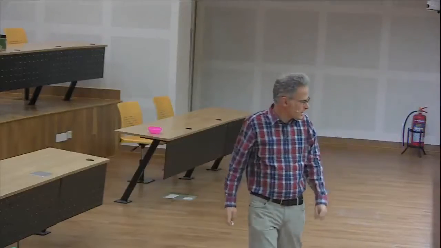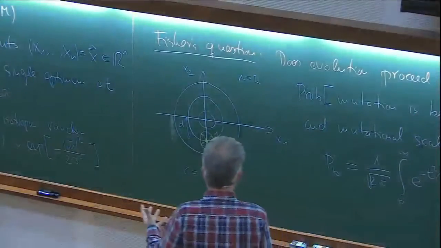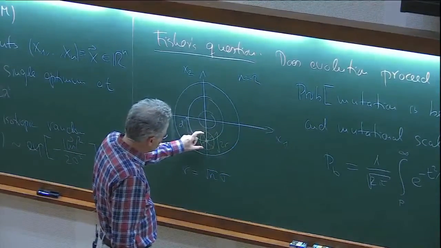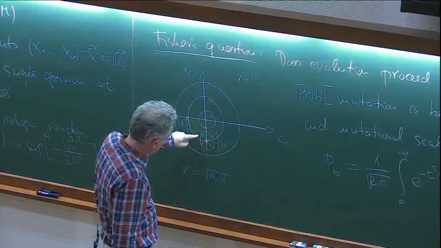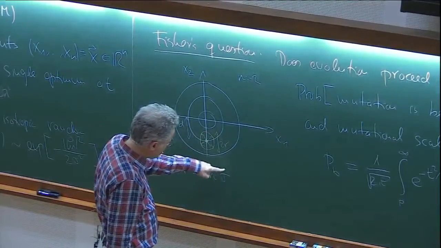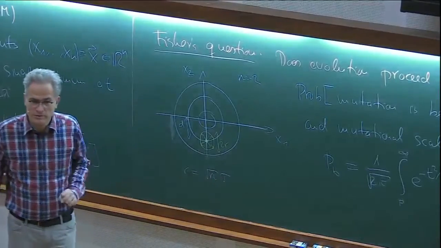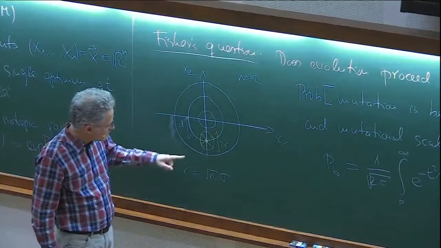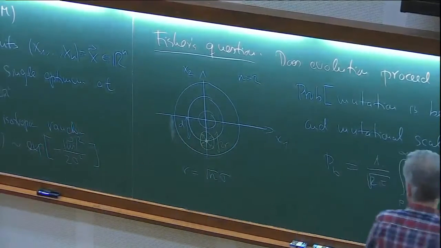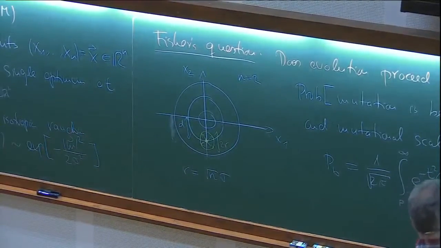It's a matter of taste whether you want to consider the size of the overall mutational displacement as your basic variable, or the size of the displacement in one component. They differ by a factor of square root of N, but in either case, if you replaced R by sigma, then you would have a 1 over N here instead. But the qualitative argument would be the same.